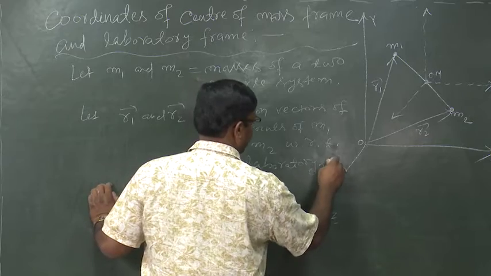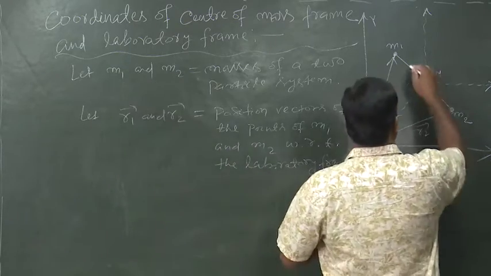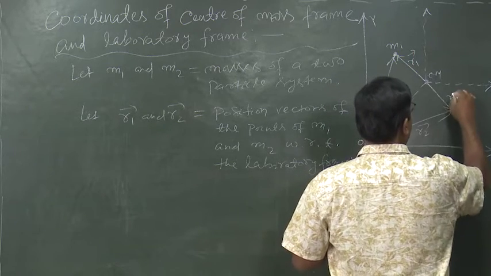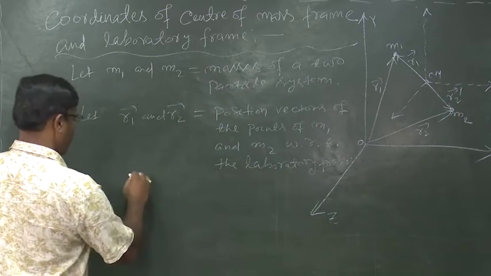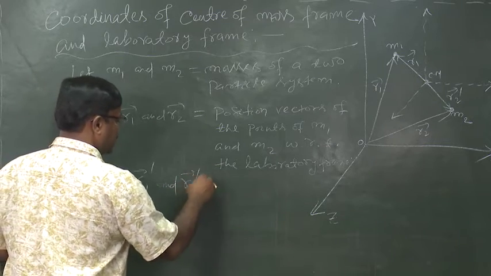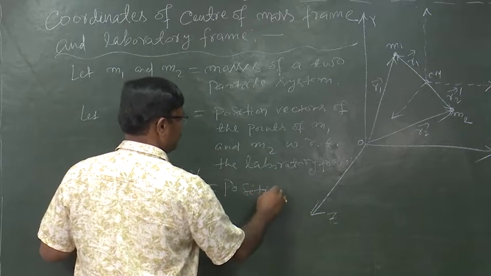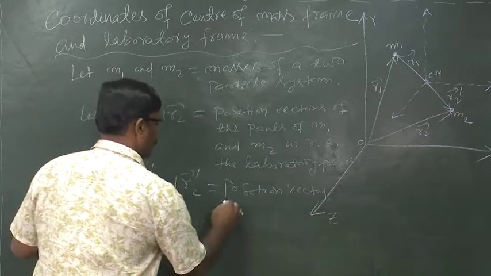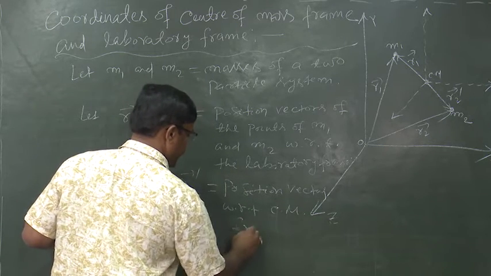And let this one be r1 dashed and this one be r2 dashed. r1 dashed and r2 dashed are the position vectors of m1 and m2 with respect to the center of mass frame.